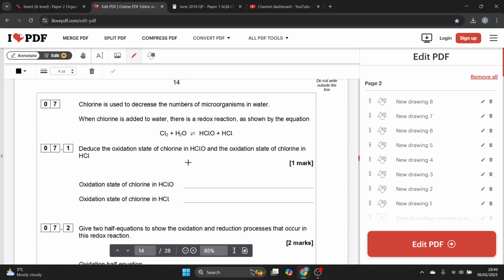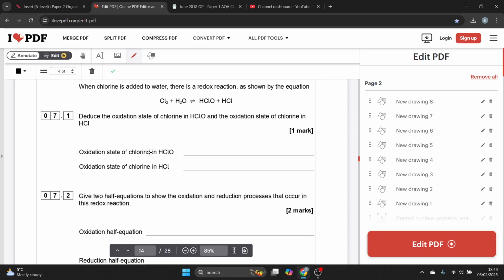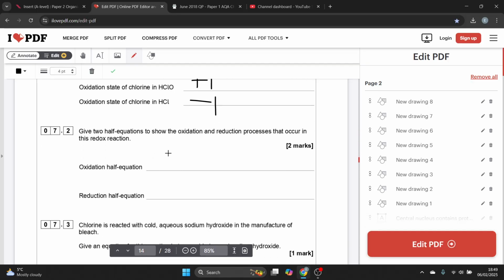Due to oxidation of chlorine to HClO and reduction of chlorine to HCl. In the HClO, oxygen is minus 2, hydrogen plus 1, so chlorine is going to be plus 1. Minus 2 plus 1 minus 1. Yeah, it's going to be plus 1. Two half equations in this redox reaction.